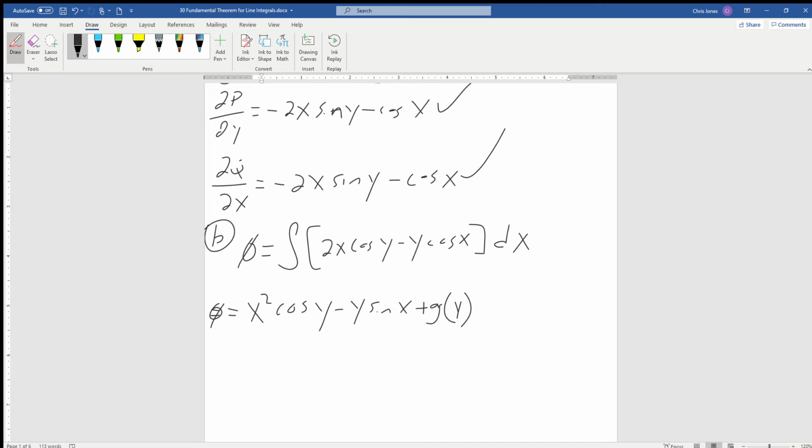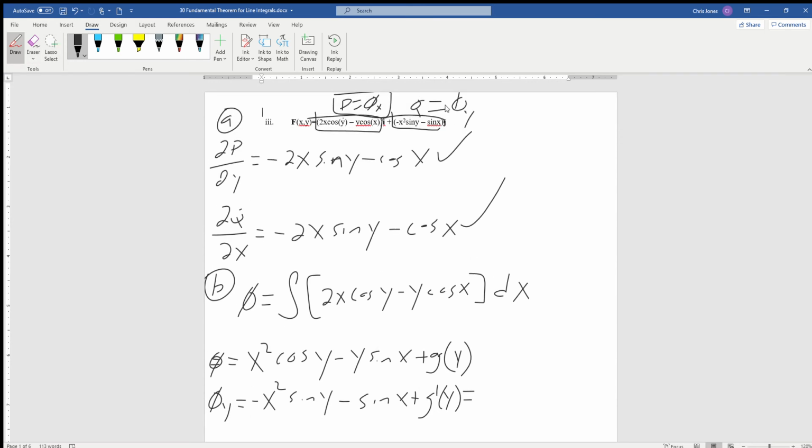We're going to find the partial of phi now with respect to y. Derivative of cosine, negative sine, so negative x squared sine y. Derivative of y is 1, so that's minus sine x. Derivative of g of y, we're just going to call that g prime of y. We're going to set that equal to the original phi sub y, which is Q in this case.